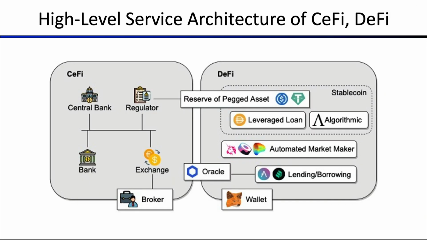So the high-level service architecture of DeFi can also be visualized as such, as we have done in a CeFi-DeFi paper. So you can see here how CeFi and DeFi actually are rather intertwined, I think in particular through so-called stablecoins. We will discuss stablecoins a bit more in the later slides, but basically a stablecoin is a coin that tries to be more stable than volatile cryptocurrencies.